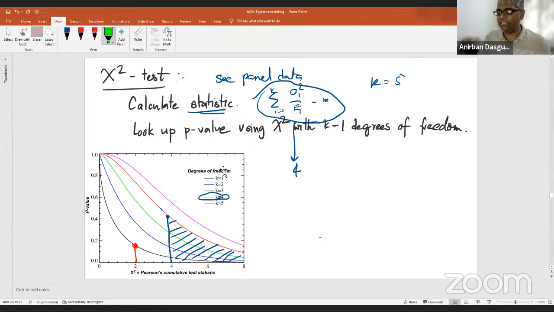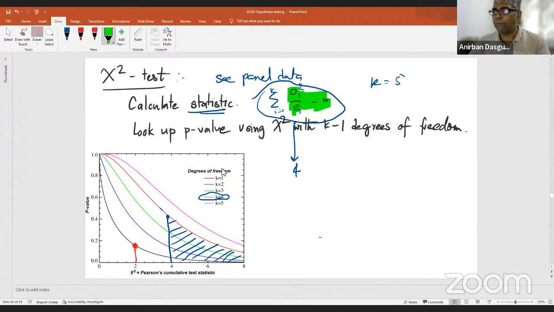We calculate the statistic, which turns out to be a simplification of the previous formula. I did not show you the simplification, it's basically the same thing, just a little bit of algebra. Then you calculate that quantity for the panel that you have seen.